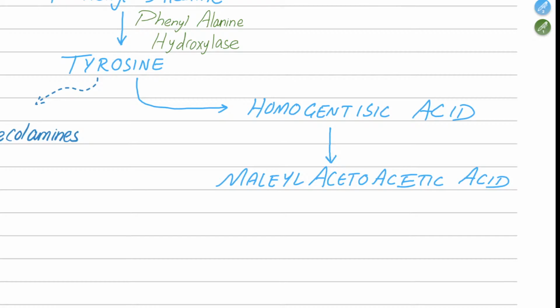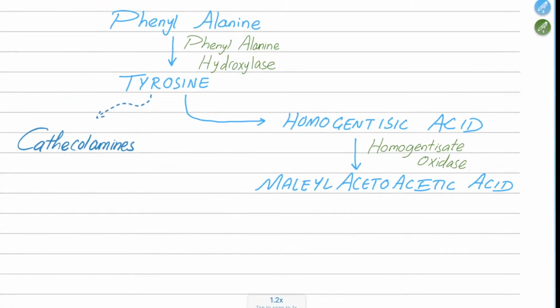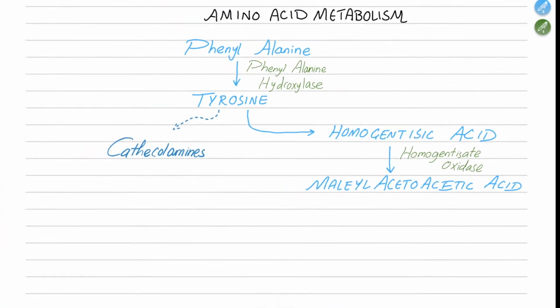The enzyme you need to remember is homogentisate oxidase. You need to remember that. Then this maleylacetoacetic acid converts into fumarate.